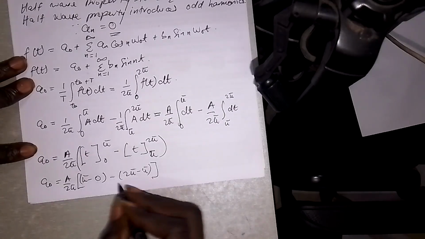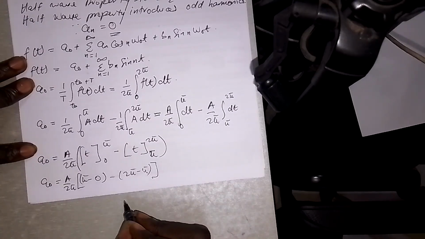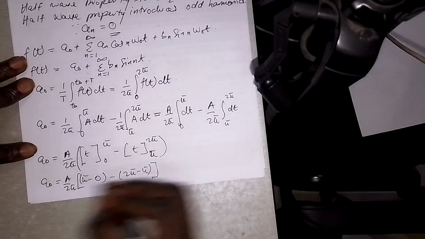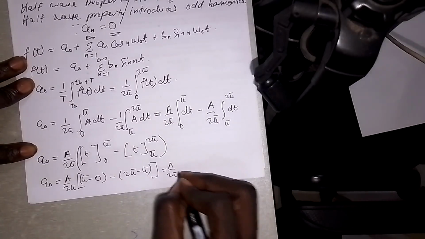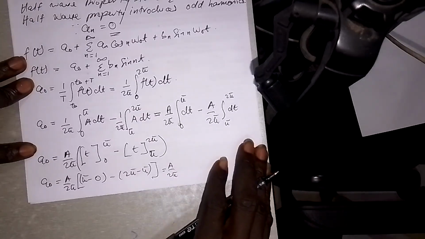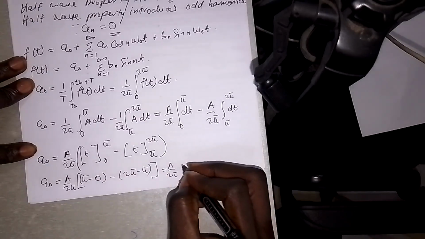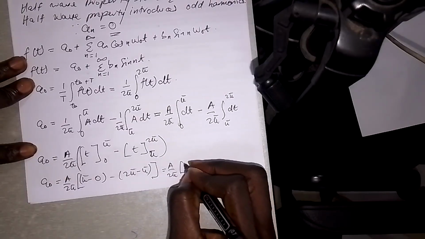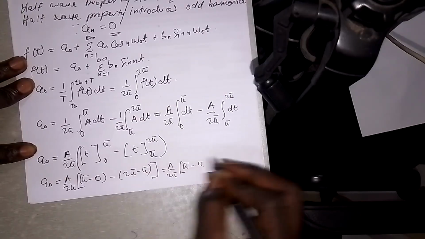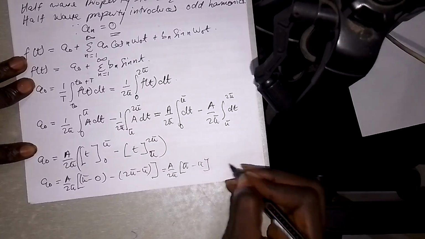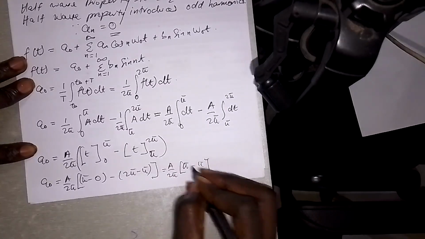So basically what you're going to have is A over 2 pi into pi minus pi. So here will become 0.